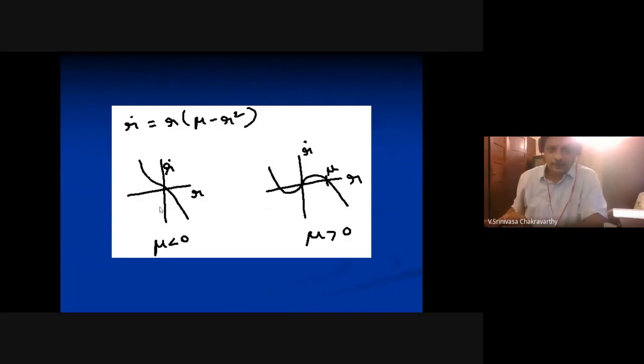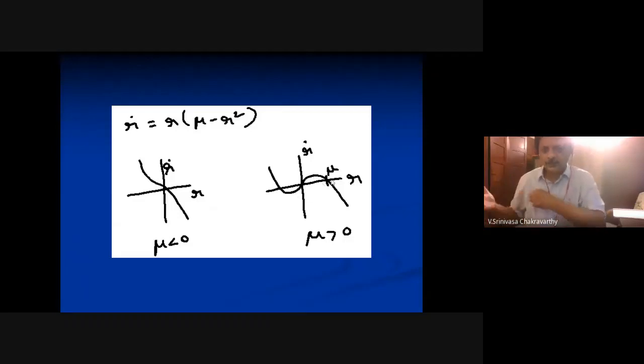Now if you change mu from negative to positive gradually, the moment mu crosses over to the positive side, this graph becomes like this. Now the roots of this system are one root at the origin, r equals 0, then two roots at plus or minus root mu. One is here and one is here.